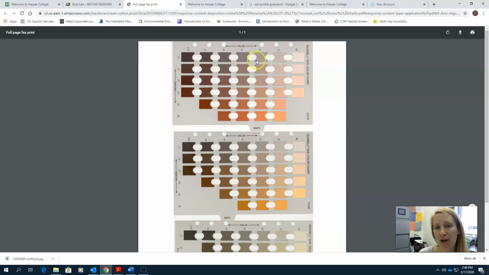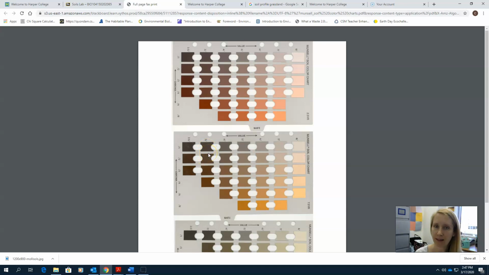You're going to try to match up the colors that you see in these charts with the color from the A horizon and the B horizon. So just pick a spot in A and pick a spot in B. It doesn't really matter which, and just find a color that most closely matches what you think it is.